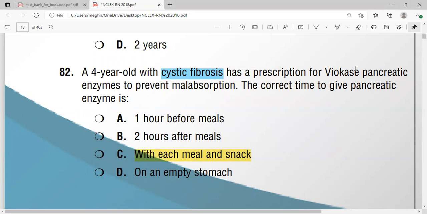Because this medication, pancreatic enzyme, is used to facilitate digestion. So we should give it before eating or with the meal. It should be given with meals and snacks, and it works well with food. Answer A, B, and D are not correct.